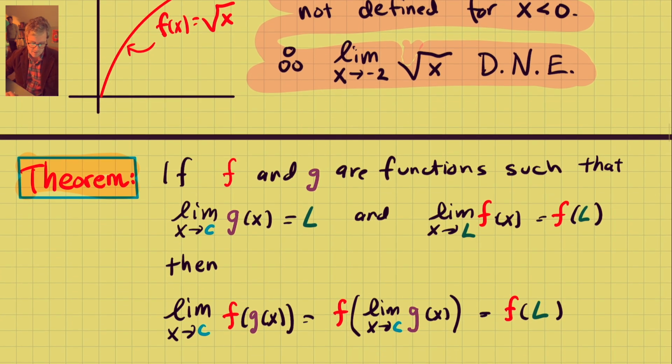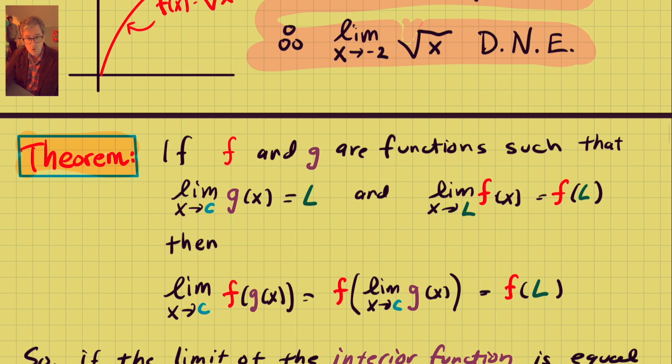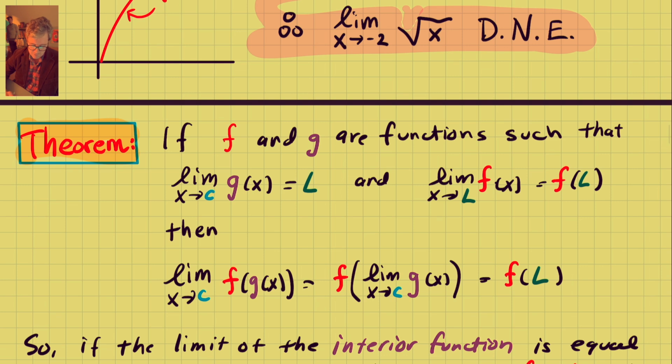Okay, very good. So the next theorem: we've talked about polynomials, rational functions, constant functions, and all of the constituent parts of those types of functions. Now we want to talk about composition of functions.